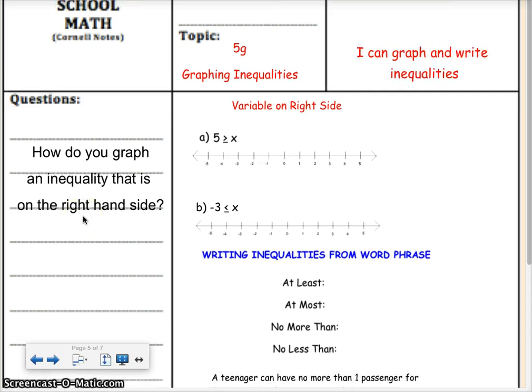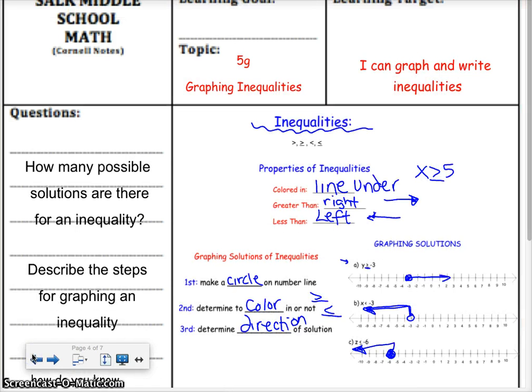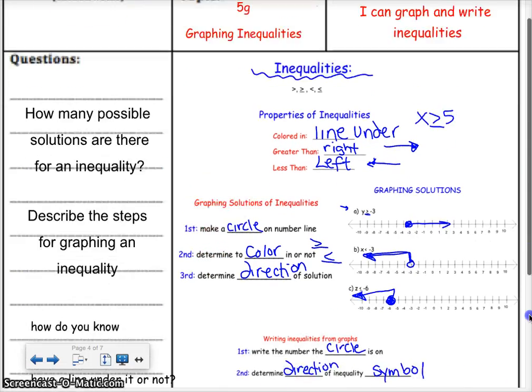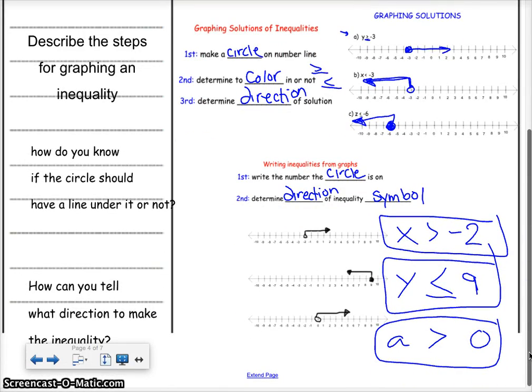Okay, so now things look different when the variable's on the right-hand side. Notice on this first page, the variable was always on the left. That is the proper way to do it. It always should be on the left-hand side.